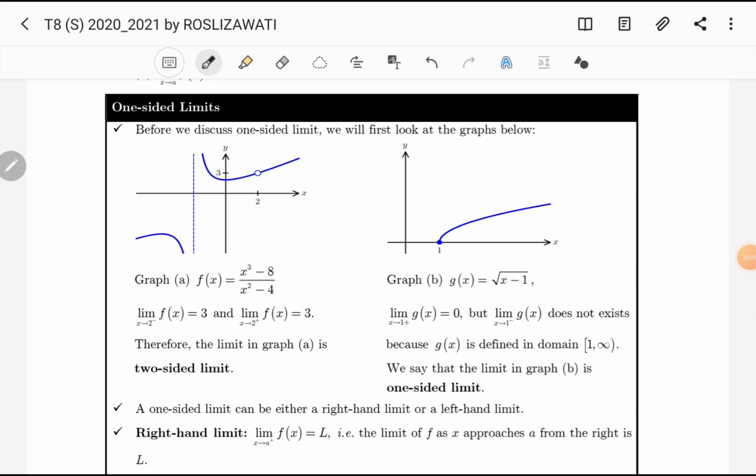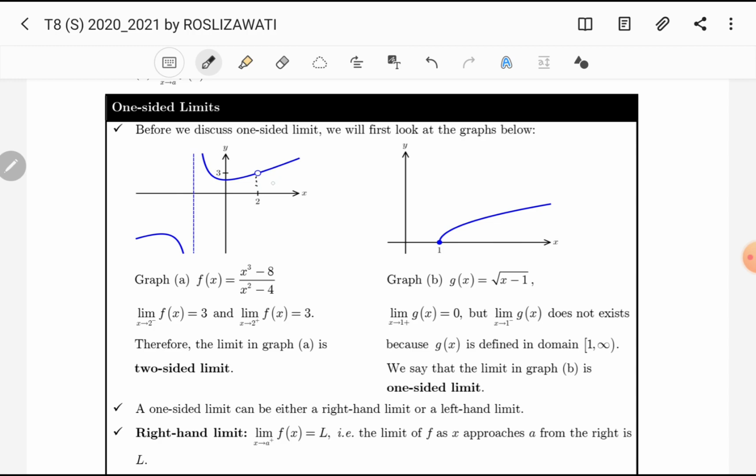Okay, the next one is one-sided limit. If you look at the first diagram here, for this one we want to see when x approaches 2.